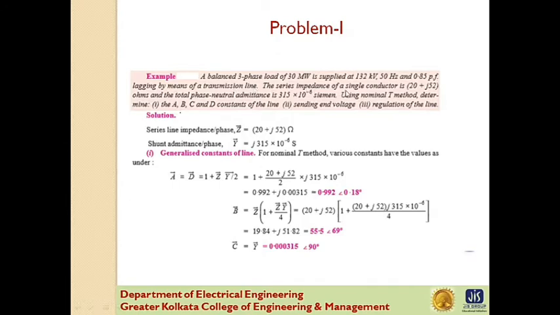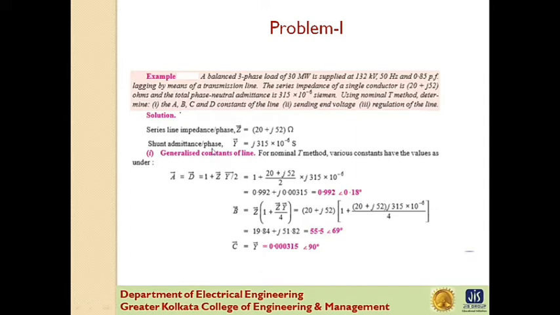The series impedance of a single conductor is 20 plus j52 ohm and the total phase neutral admittance is j315 into 10 to the power minus 6 Siemens. Using the nominal T method, determine the A, B, C, D constants of the line, sending end voltage and regulation of the line.